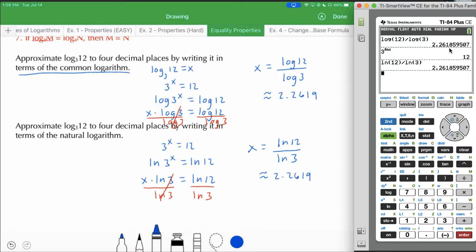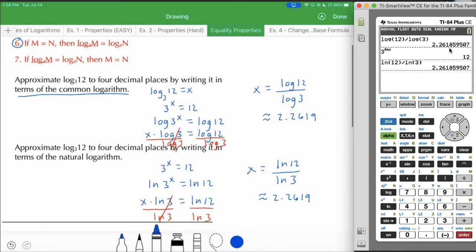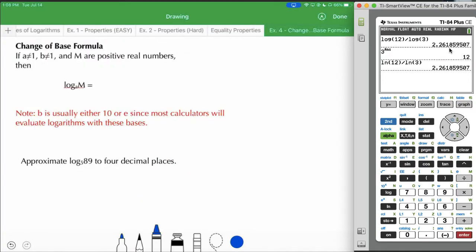All right, so what I'm getting at here is that this property number 6 is very beneficial in that it leads us to being able to evaluate a logarithm no matter what its base by using our calculator. And what it takes us to is the change of base formula. Okay.